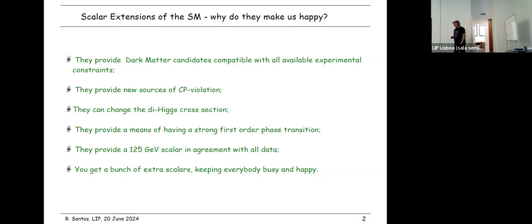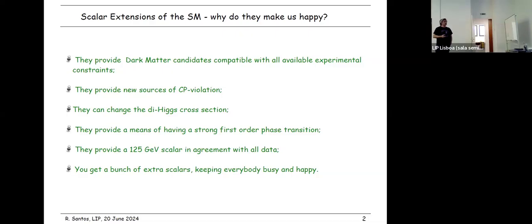Okay, so these scalar extensions of the standard model have been studied a lot because they provide dark matter candidates and new sources of CP violation that are needed for baryogenesis. They change the di-Higgs production cross section, for instance, and they provide a means of having a strong first-order phase transition, something that is not possible in the standard model because the Higgs mass is not small enough.